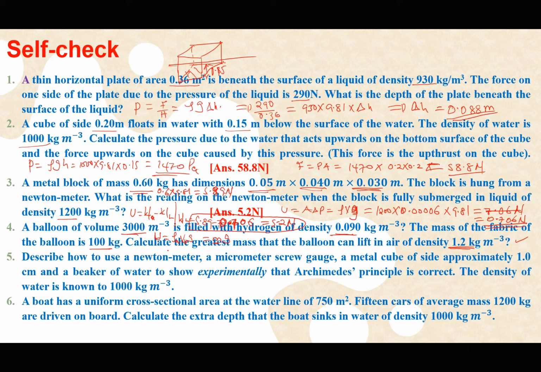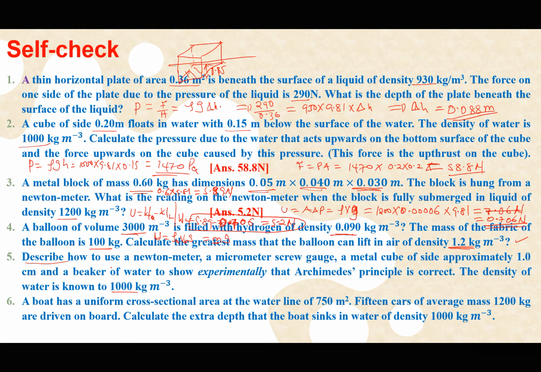You can verify that. Describe how to use a Newton meter, micrometer screw gauge, a metal cube of side approximately 1 centimeter, and a beaker of water to show approximately that Archimedes principle is correct. The density of water is known to be 1,000. So you can try to relate to what we have just studied to describe that.